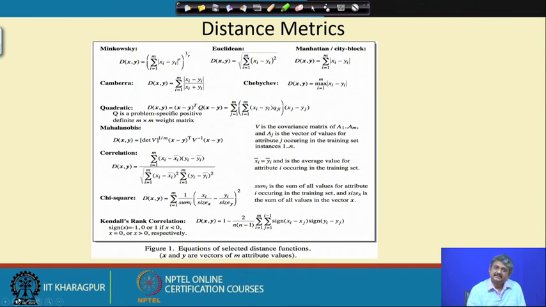What about the distance metric? Many possibilities are there. What kind of measure should I take as a distance? I list here a number of distances. The most common is Euclidean. A little bit of generalization is this.